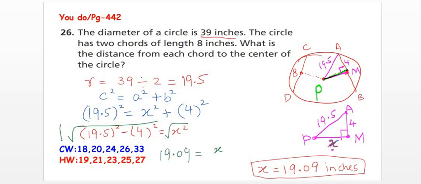If you do not know how to use the calculator to directly get the value, you can do these 2 extra steps and just put this square root with these things on the calculator, and it will give you the answer, the distance of the chord from the center of the circle. I hope it's clear for you now.